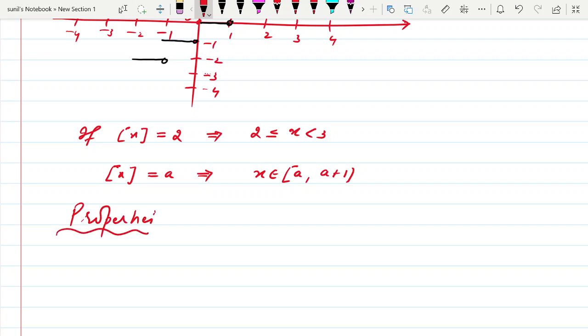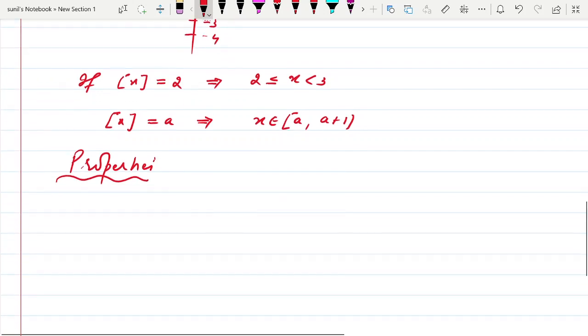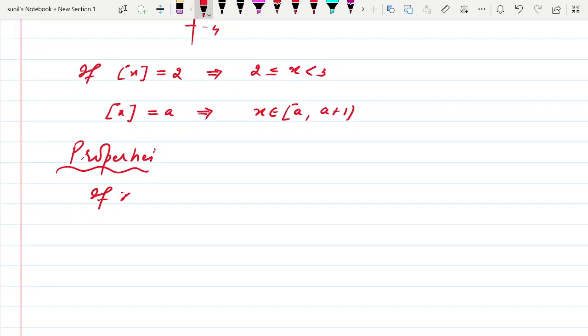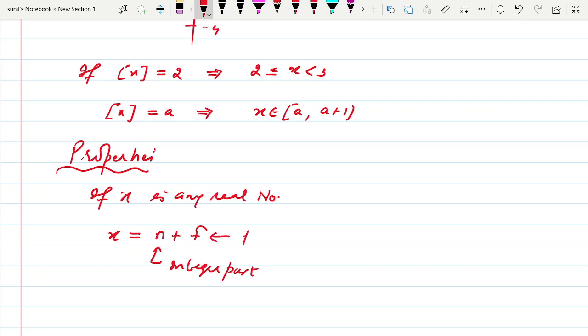Before mentioning the properties, I just want to tell you, if x is any real number, can I always express x as some n plus f, where n is the integer part and f is the fractional part?